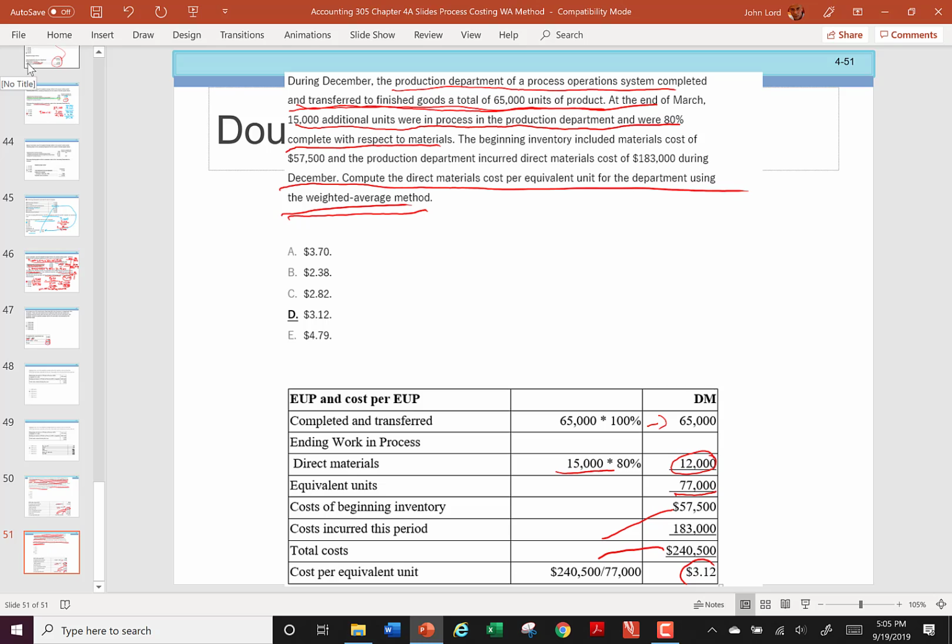Okay, so that gets us through weighted average, and I'm pretty sure most of the questions in the quiz for Chapter 4, I'll call it 4A, are also the ones that I've embedded here that we've looked at. But if you go through that quiz, you see some additional ones.